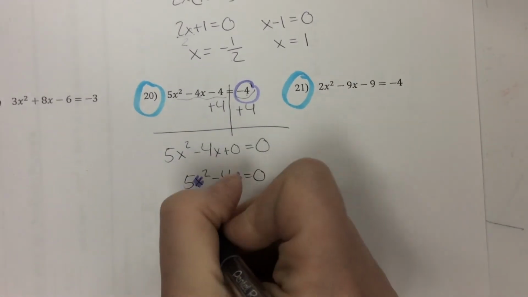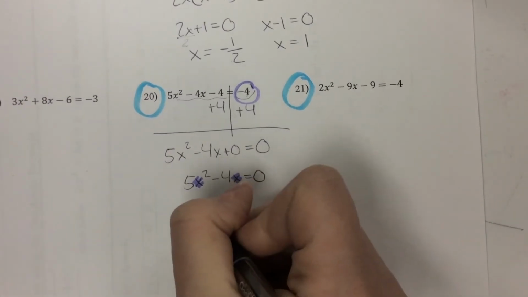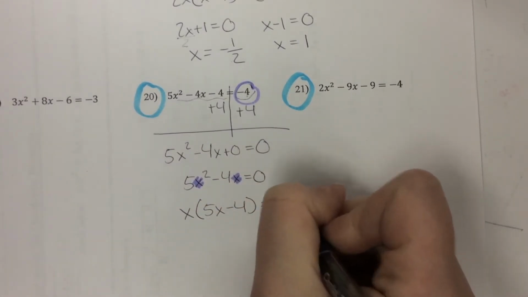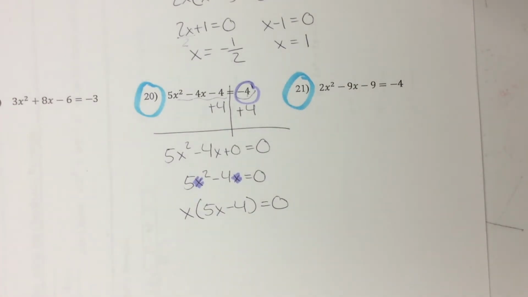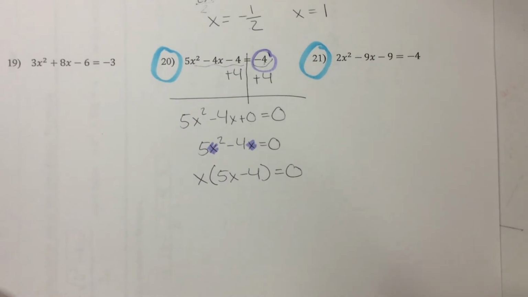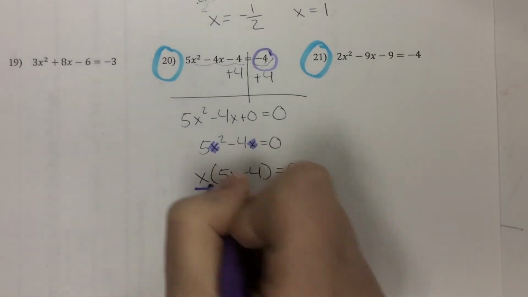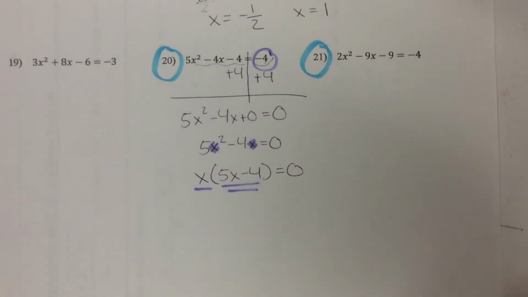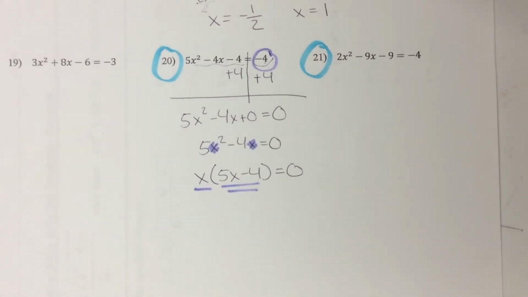So I'm going to factor out an x. And now I have 5x minus 4. All right, here are my two factors, x and 5x minus 4. Those are two factors.